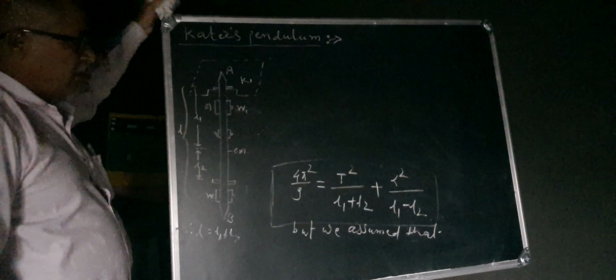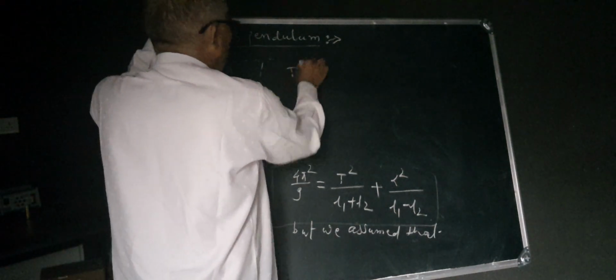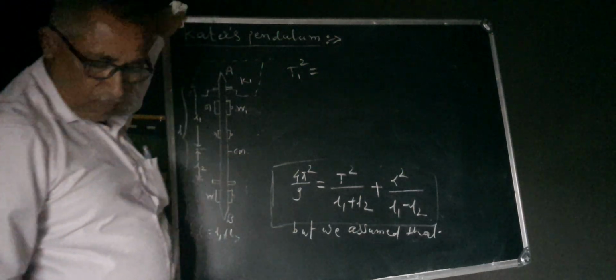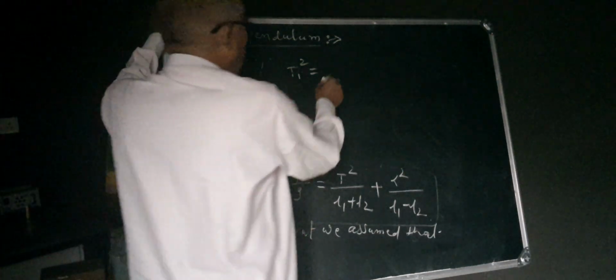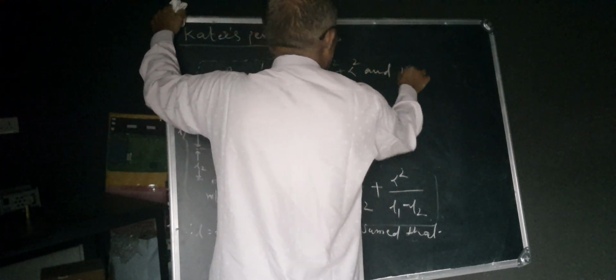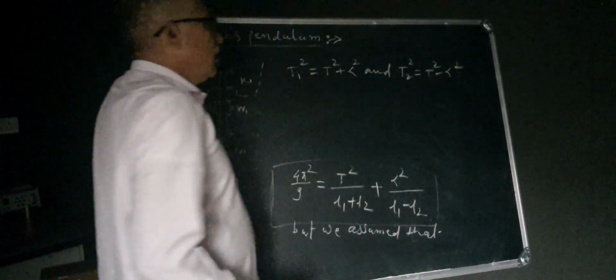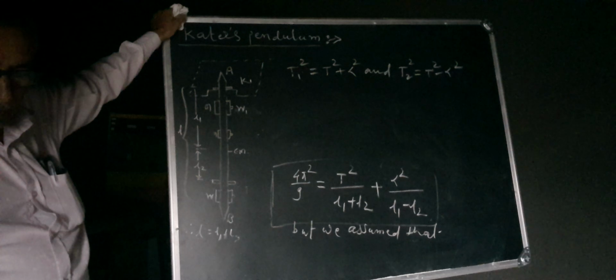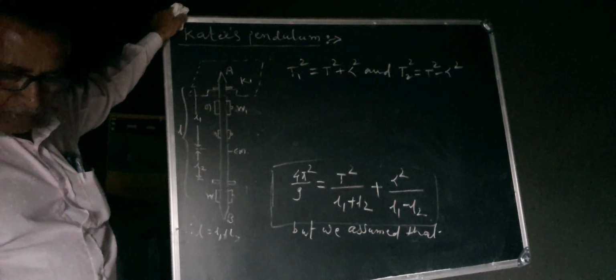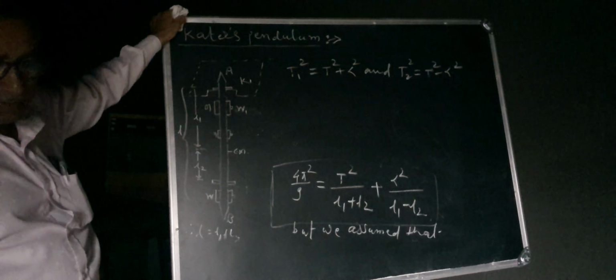But we assume that T1 square equals T square plus alpha square, and T2 square equals T square minus alpha square. Then we can calculate the values of T square and alpha square from these equations.